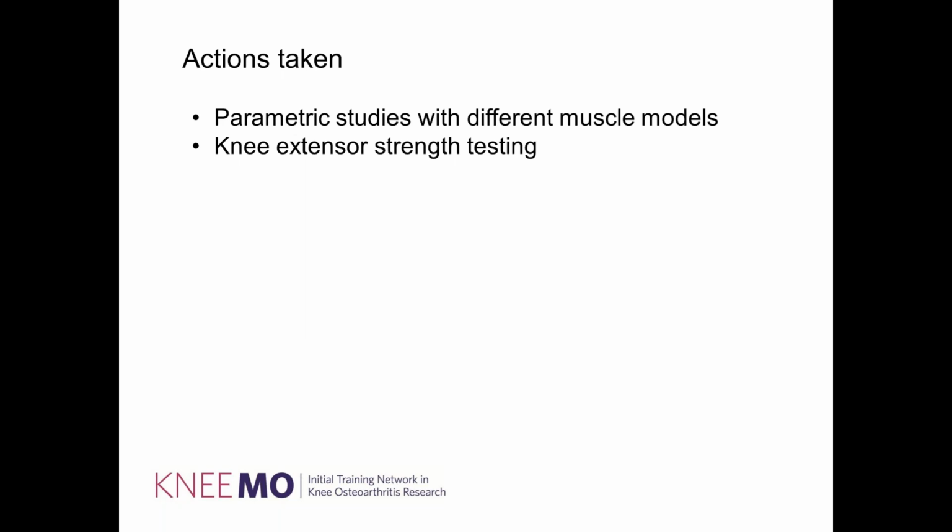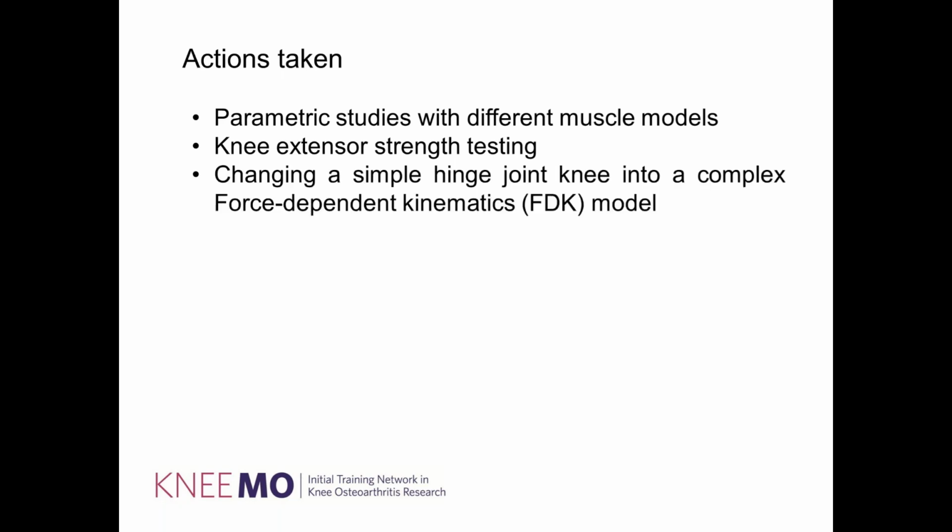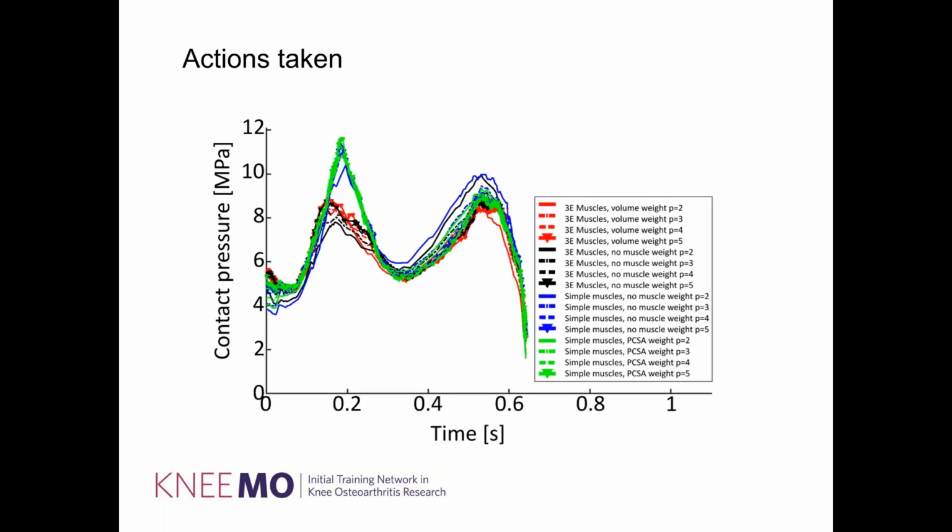So I figured that it might be worth testing whether varying the extensor strength in the model would influence the contact pressures. We also decided to change the simple hinge joint into a more complex force-dependent kinematics, from now on FDK model. What we found out was that this was the change that we did to the muscle model.